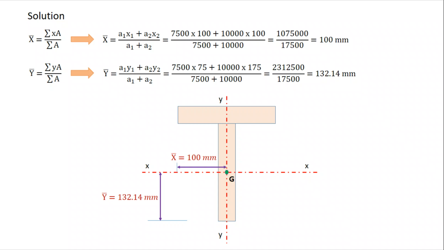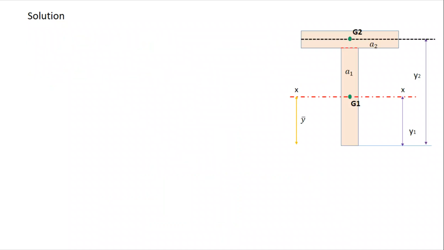So we have to find the centroidal x axis and centroidal y axis moment of inertia. For that we apply the parallel axis theorem; you can refer to my previous video on the parallel axis theorem. First, for the centroidal x axis moment of inertia, we have two areas, A1 and A2.